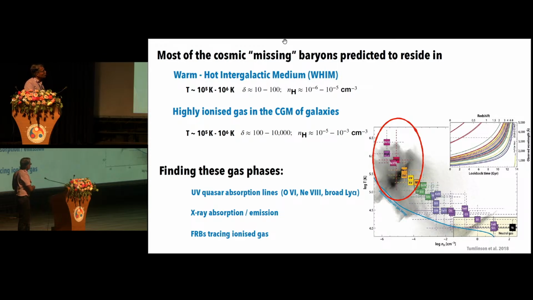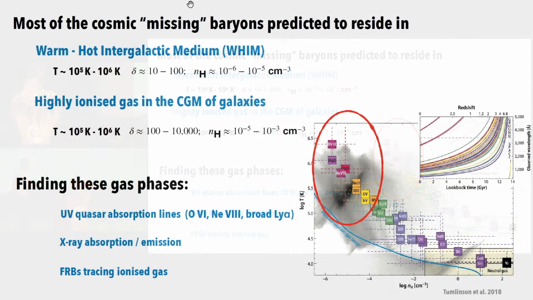In order to probe this, since we do not have access to atomic hydrogen, we have to rely on highly ionized metals like oxygen 6, neon 8, magnesium 10, sodium 9, etc. And all these ions have electronic transitions in the far ultraviolet part of the electromagnetic spectrum.